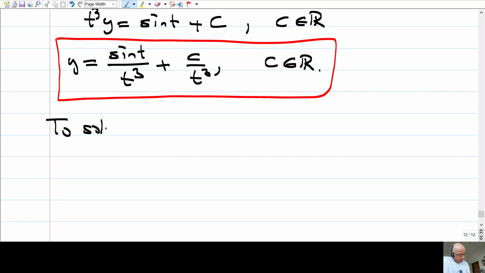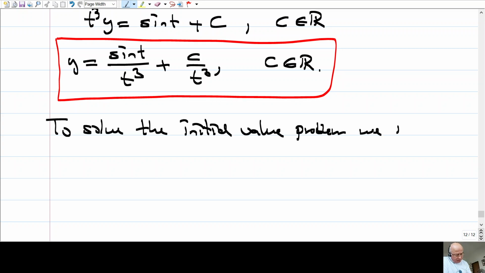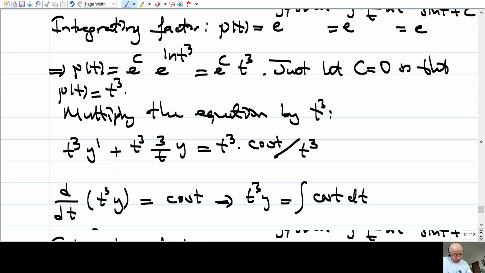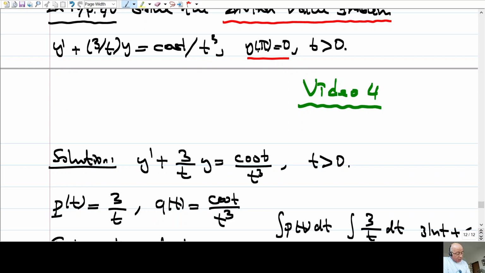To solve the initial value problem, we need to use the initial condition. What was it? That was y of pi is equal to 0.